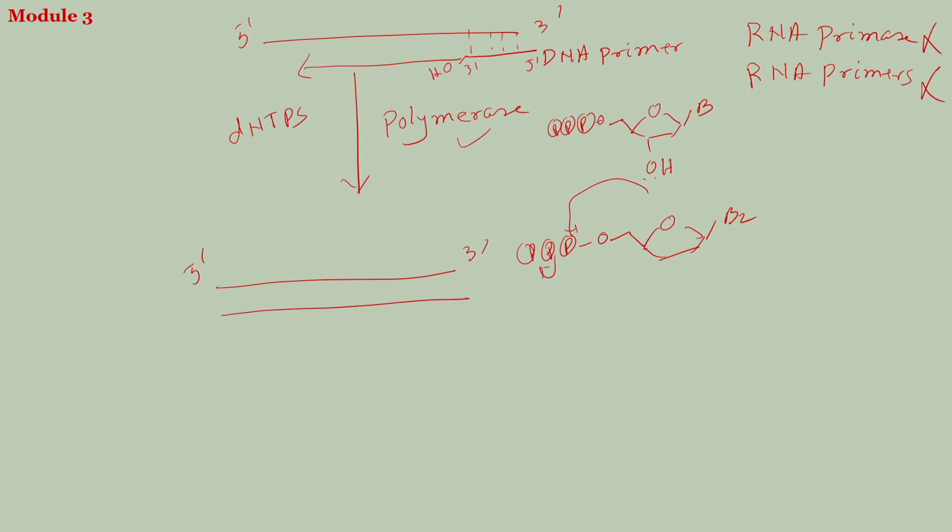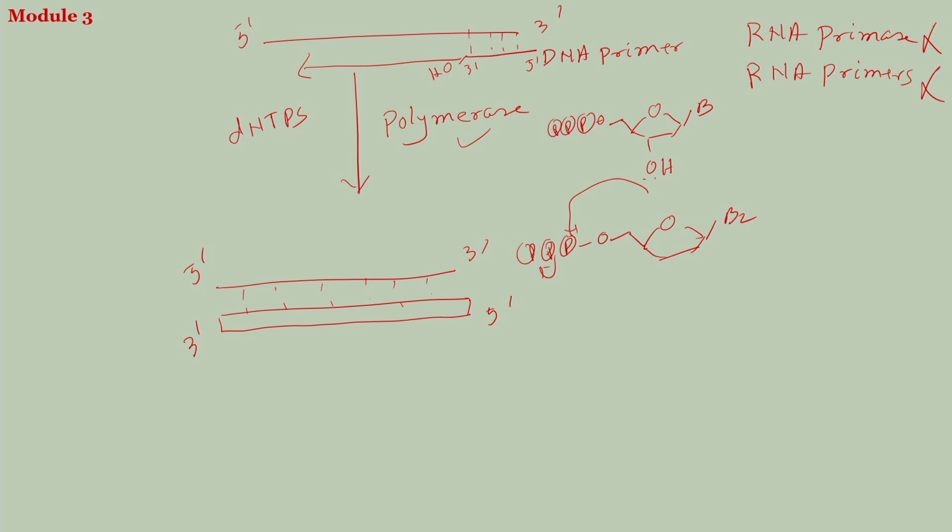This is the new strand that you have synthesized, continuous without any interruption. Since you did not use RNA primer, here all DNA, you need not go through any other steps. Your amplification for this strand is complete.